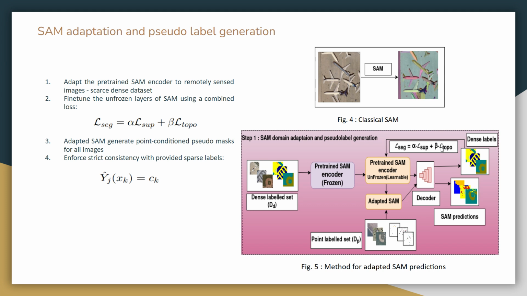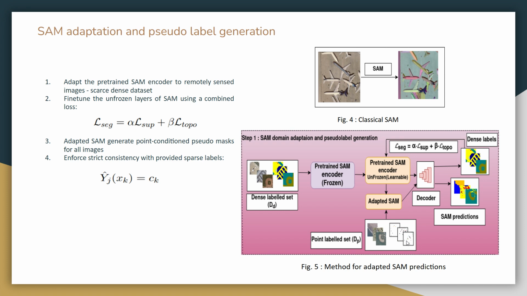This topology loss ensures predicted boundaries align structurally with ground truth, very critical for land cover semantic segmentation. So after adaptation, SAM generates point conditioned pseudo masks for weakly labeled images while enforcing consistency with the provided points.